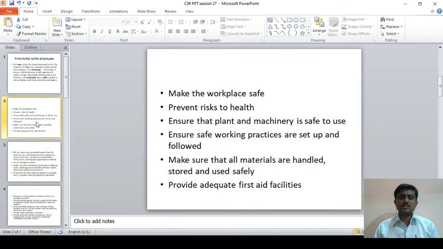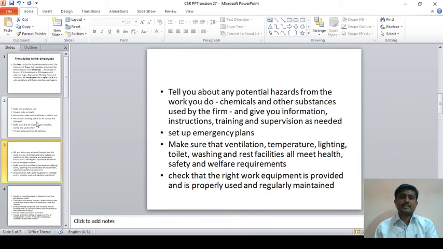Make sure that all materials are handled, stored and used safely, and provide adequate first aid facilities, in case of industrial accidents or if something happens, companies should provide adequate first aid facilities.